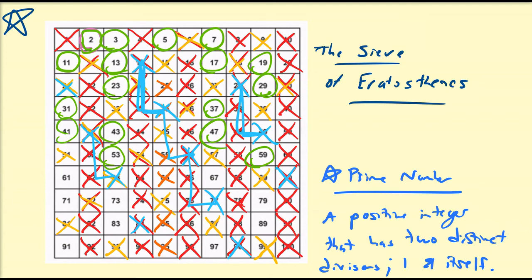If we look at 61, you can verify that to be a prime number by the same exact process. So how do we know that all of these others are not going to be multiples of 61? The next multiple of 61 is twice that, so 122, which is larger than 100. So 61 is going to be prime, and all of these numbers here are going to be prime as well using the same exact logic.